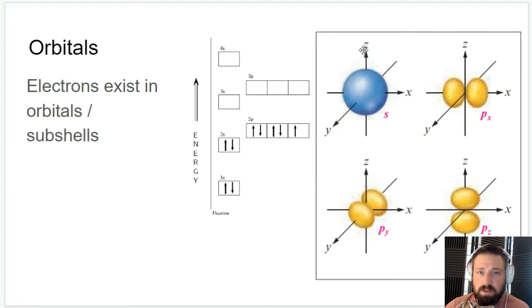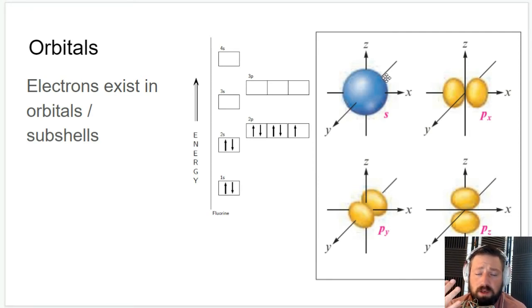Remember, s orbitals are spheres. P orbitals look like little dumbbells, and there are three p orbitals here. There's one going on the x-axis, y-axis, and z-axis. And whenever we hybridize these together, we're going to be hybridizing 2, 3, or all 4 of them together.